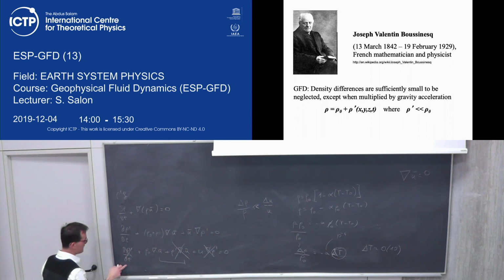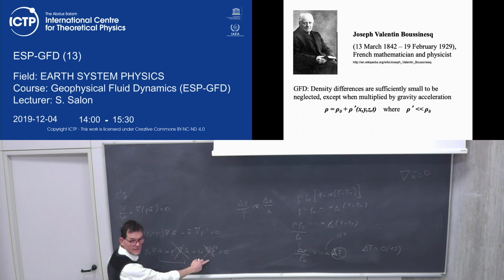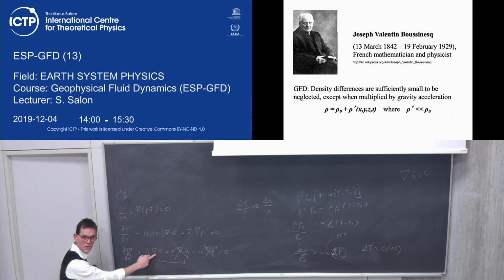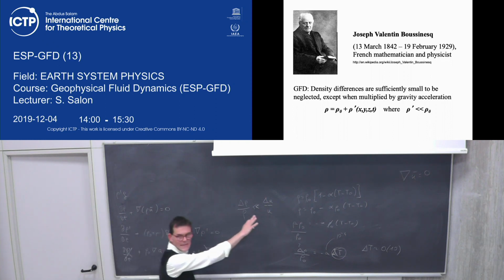So here I have variation of density in time and variation of density in space. These two are much smaller than this one, which is variation of velocity. This is an experimental evidence.